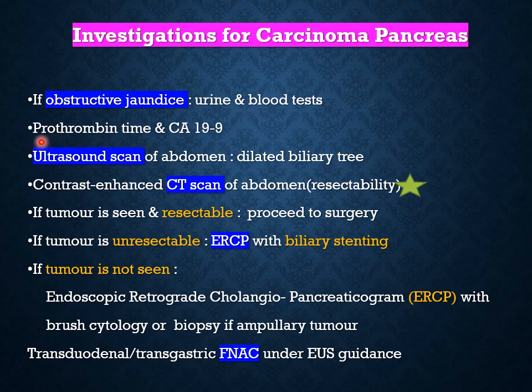Prothrombin time is important in patients with carcinoma of the pancreas with obstructive jaundice because it is commonly prolonged in obstructive jaundice, and this can predispose to bleeding tendency, especially when surgical procedures are concerned. Ultrasound scan of the abdomen will be able to reveal a dilated biliary tree and even the possible cause of the obstruction, which is not in many cases.